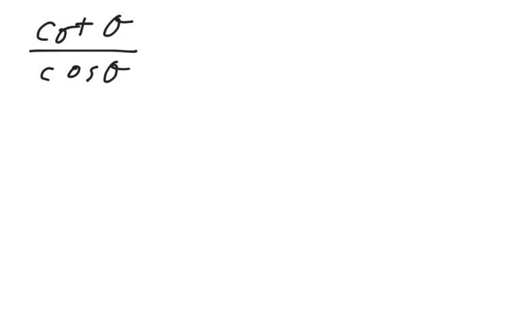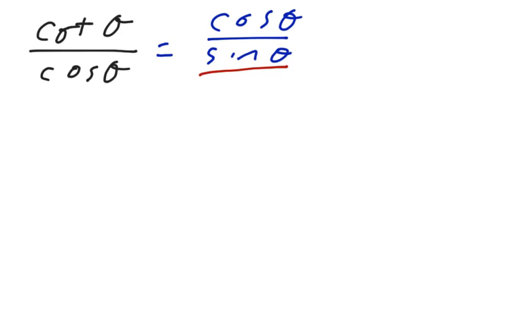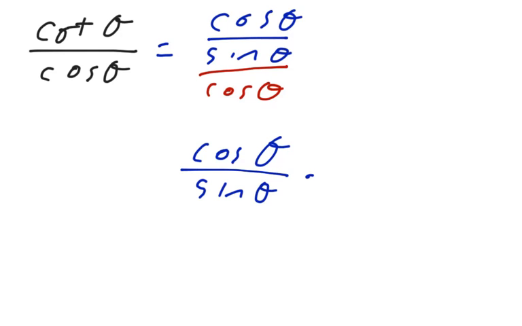For this one, we have cotangent over cosine. And we're trying to simplify this. So I'm going to change cotangent to cosine over sine. And I left the cosine by itself on the bottom. When you divide by a fraction, you multiply by the reciprocal.